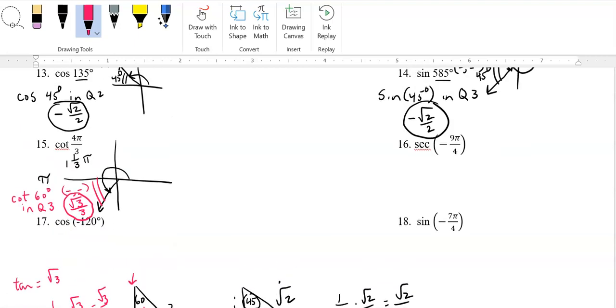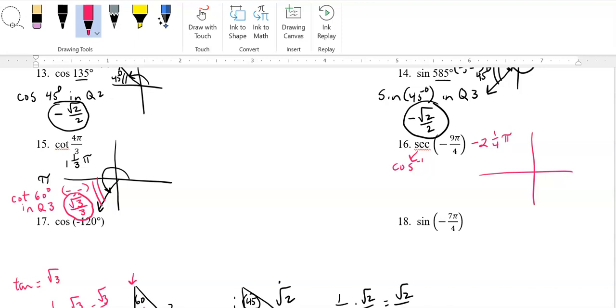All right, let's try secant, and remember that's just the reciprocal of cosine. Once again, let's get a picture. This is negative 2 and 1/4 pi as a mixed number.